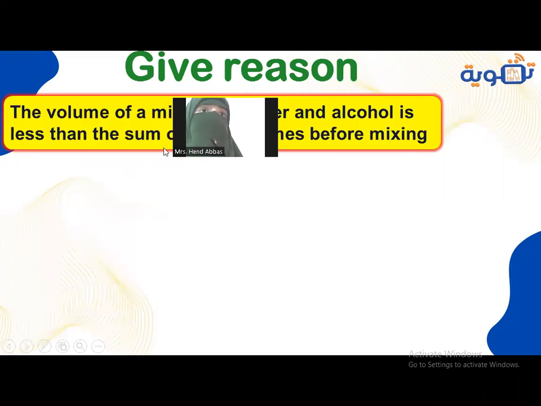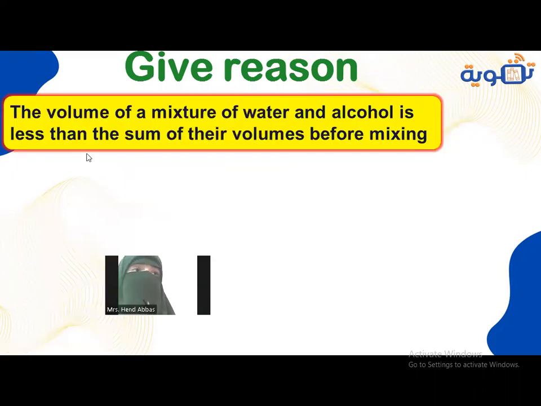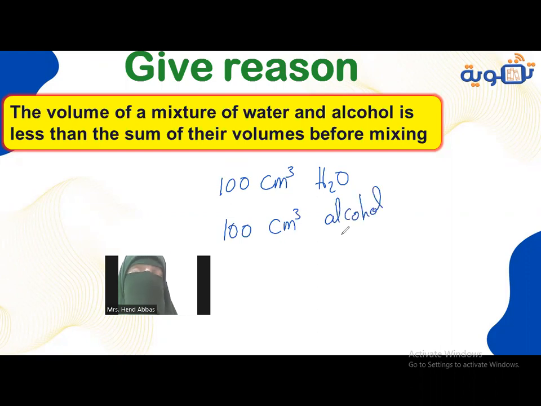Give a reason why the volume of a mixture of water and alcohol is less than the sum of their volumes. Okay, let's imagine, guys. If we have 100 cubic centimeters of water and 100 cubic centimeters of alcohol, and we add them together in the same container, you expect that 100 plus 100 will be 200.